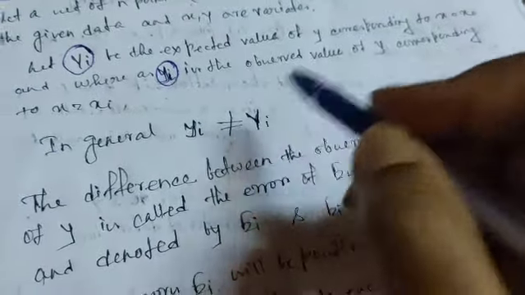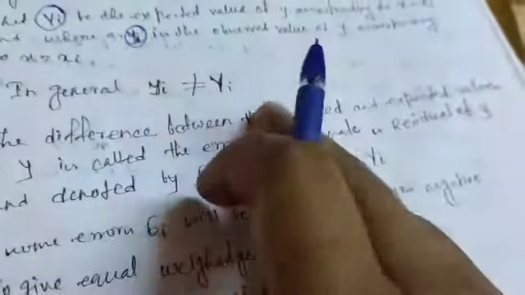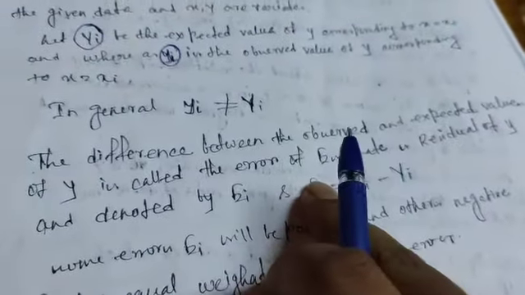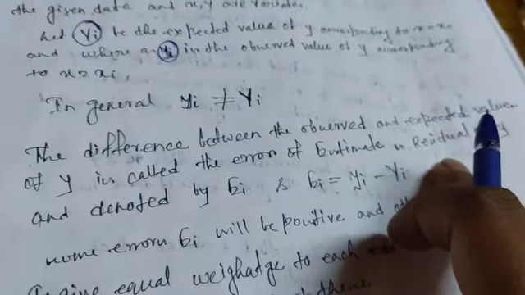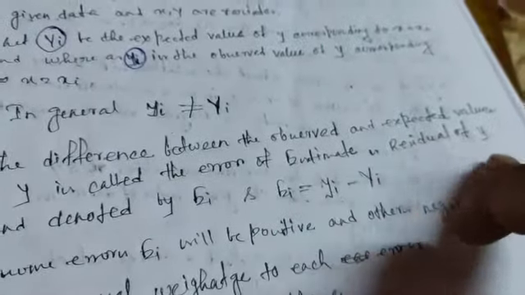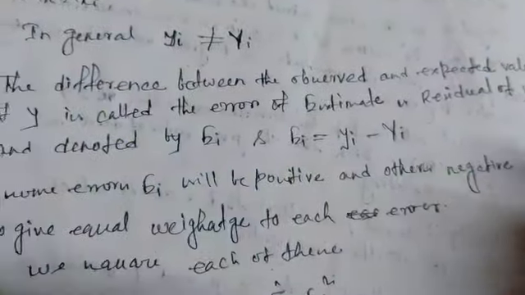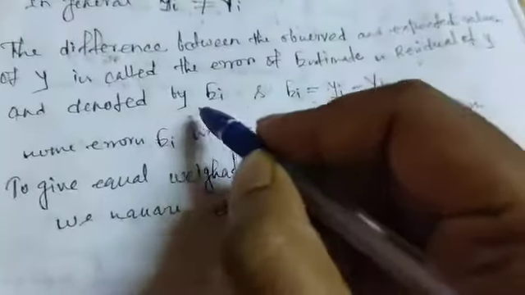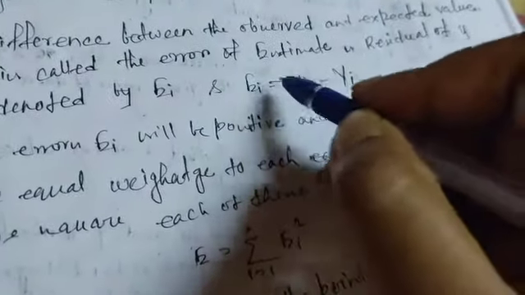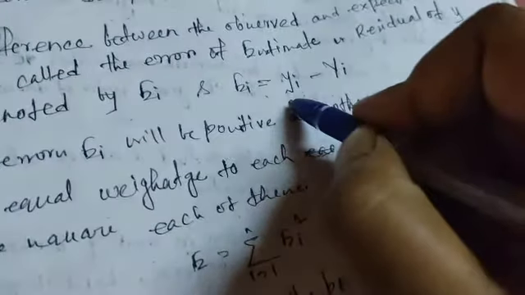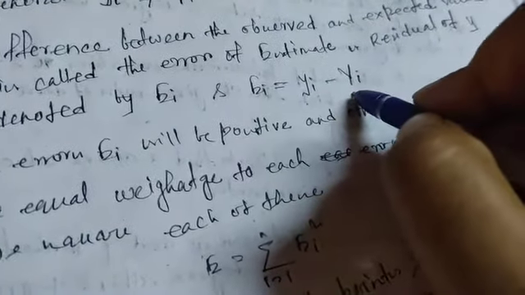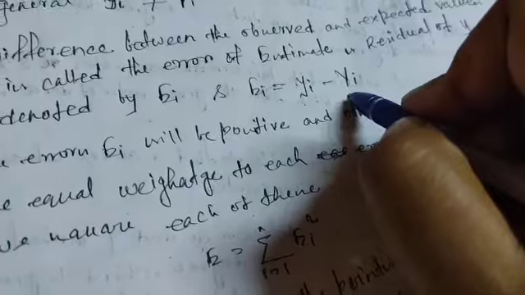In general, small yi is not equal to capital Yi, and this difference between the observed value and the expected value is called the error of estimate or the residual of y, denoted by ei, where ei is equal to small yi minus capital Yi, and capital Yi is also a function of x.